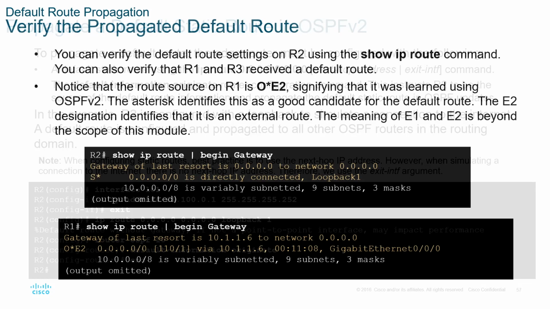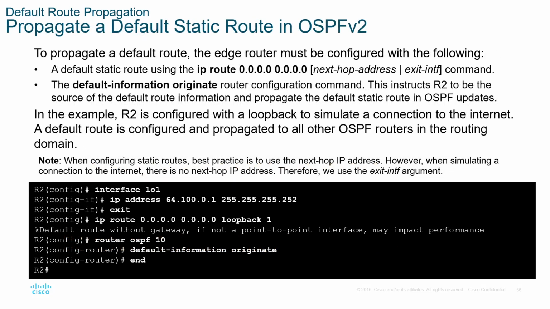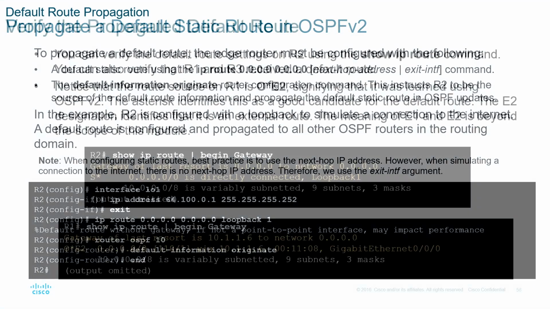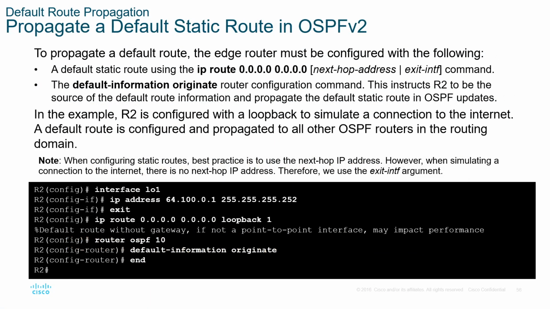I have a question about what we see in the previous slide. It says: default route without gateway. If not a point-to-point, may impact performance. I'm talking about the commands in the LO1, loopback one.